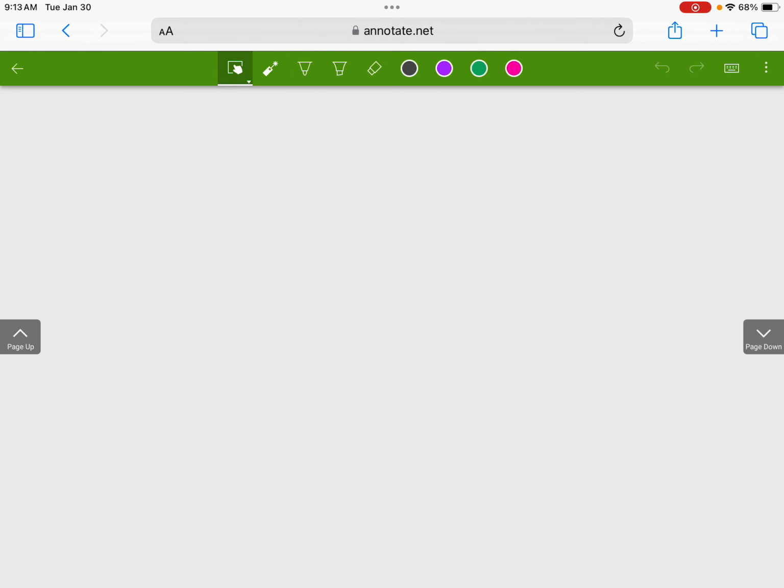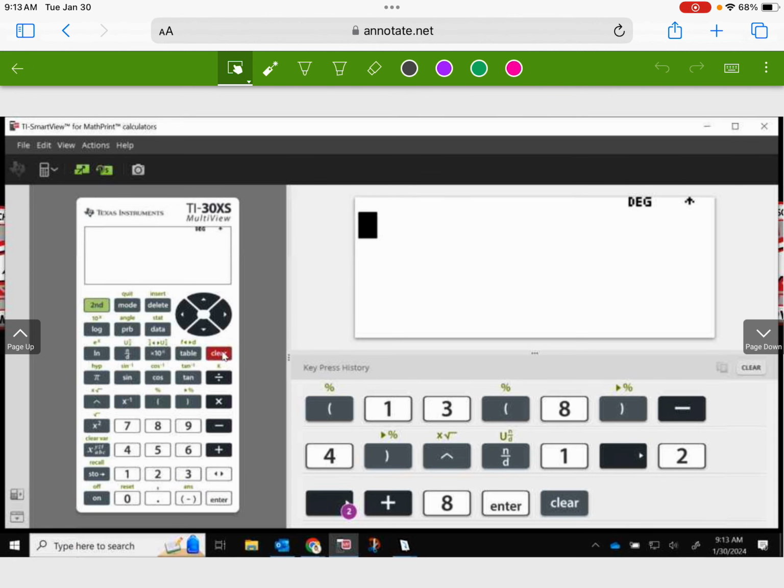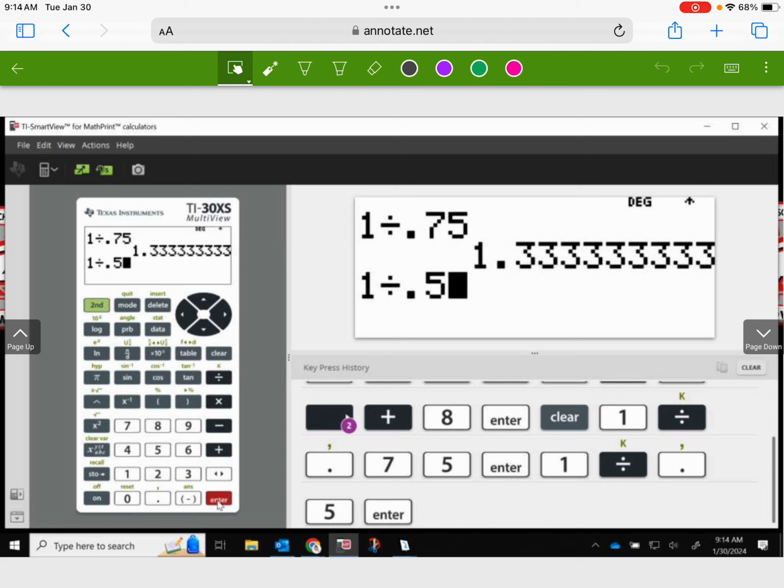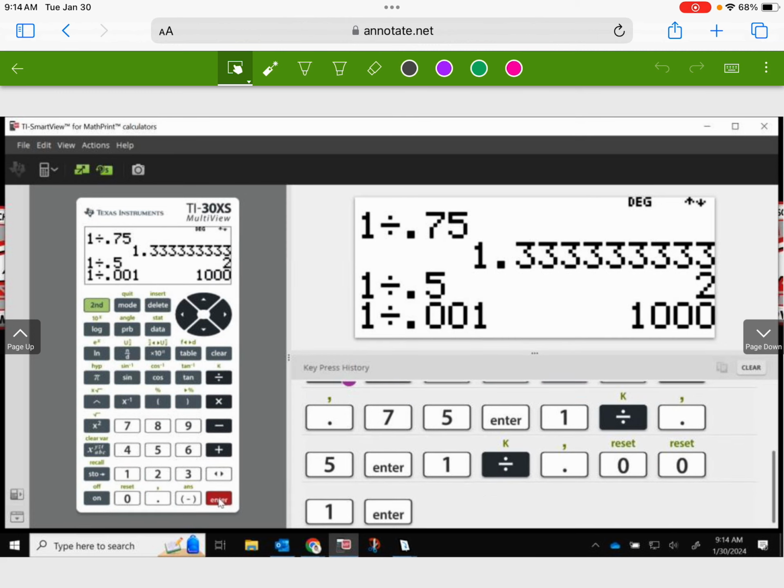Test it. So let's say that's 3/4, right? 1 over 0.75. Gets bigger, right? 1 over 1/2, 0.5. It's getting bigger, right? 1 over 0.001 gets bigger, right?